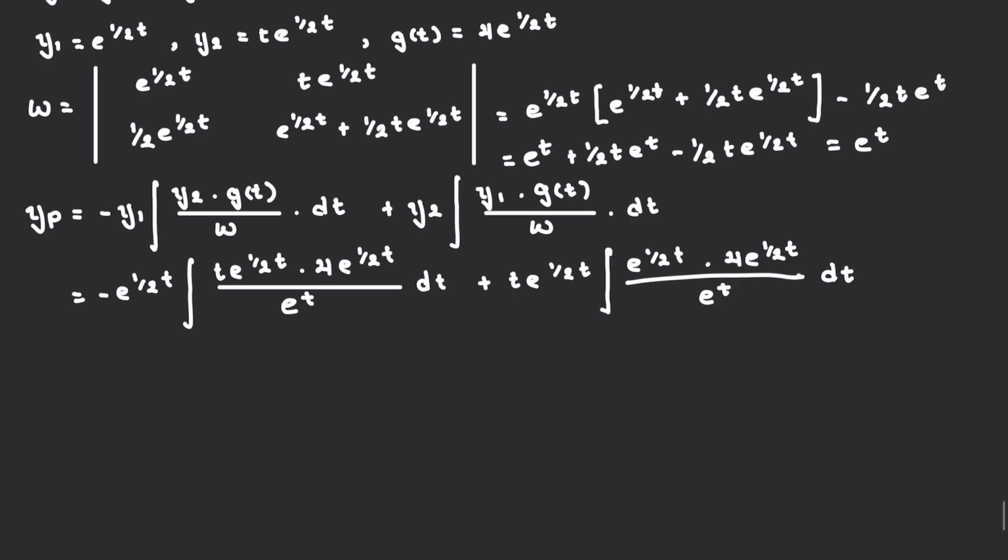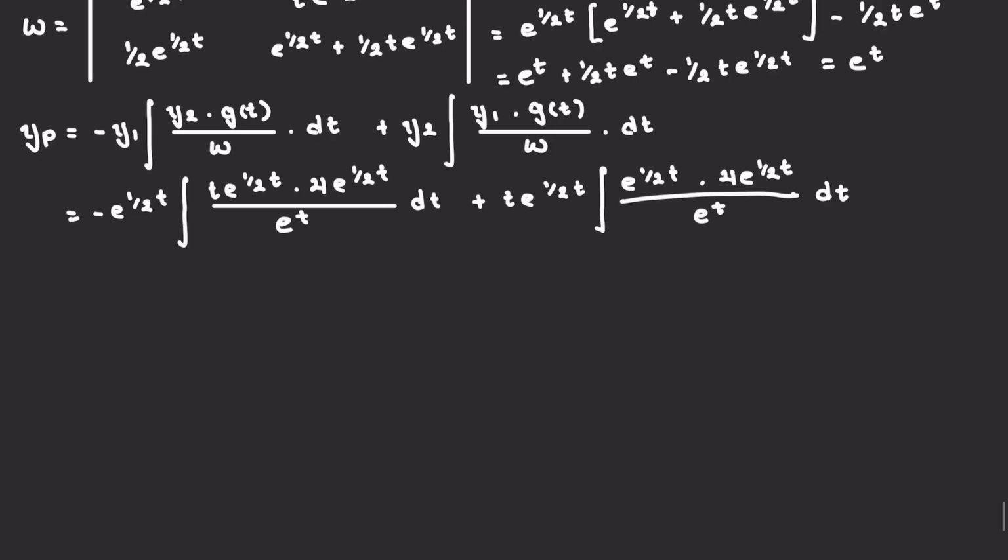And so let's simplify what's inside our integral first before solving our integral, because it makes our life easier by doing that. And so this all equals negative e to the 1 over 2t multiplied by the integral of... we know that e to the 1 over 2t times e to the 1 over 2t is just e to the t, so we can cross our e to the t out here, and also for this one with our denominator, of course.